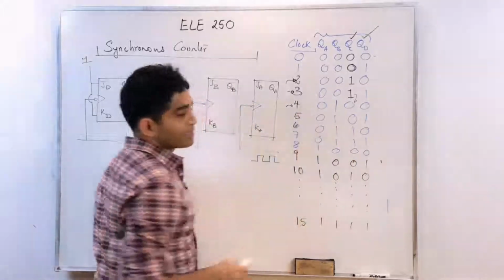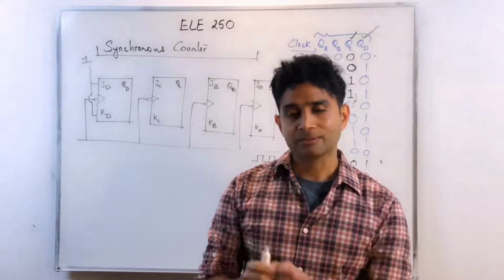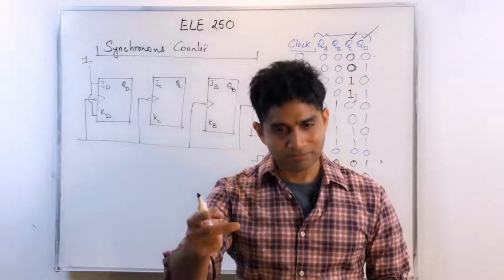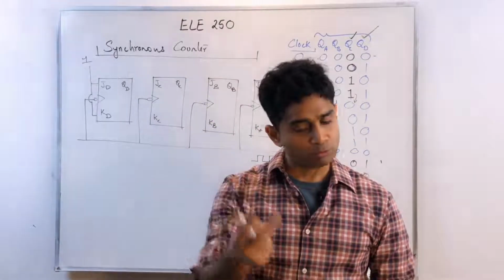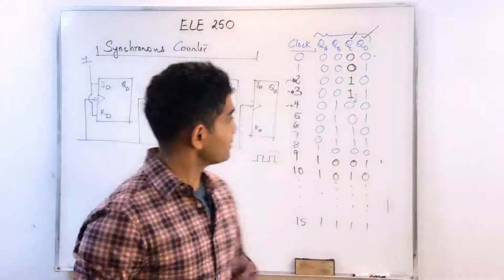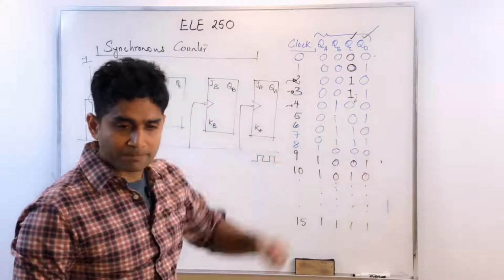So basically, it should remain in a particular state for 2 clock pulses, toggle, remain in that toggled state for 2 clock pulses, toggle again. So basically, it has to exhibit this kind of behavior.